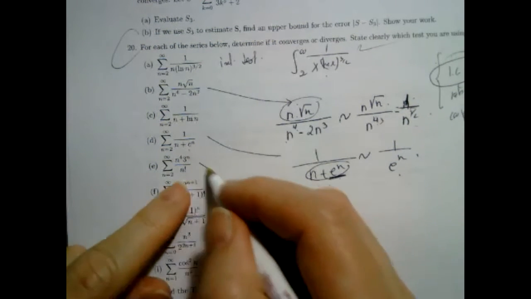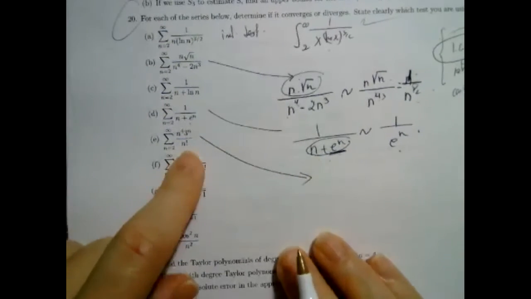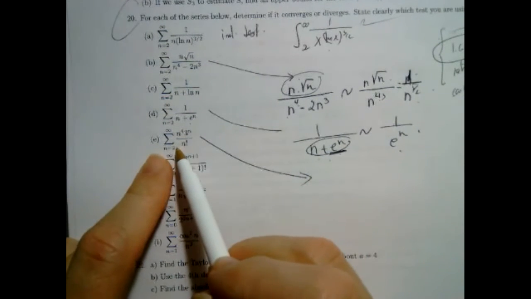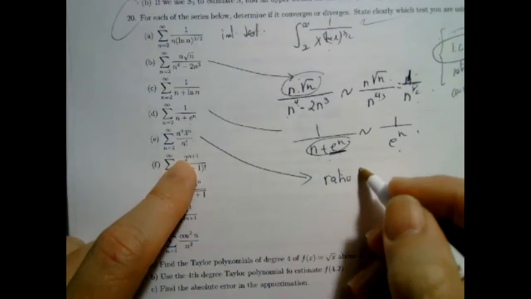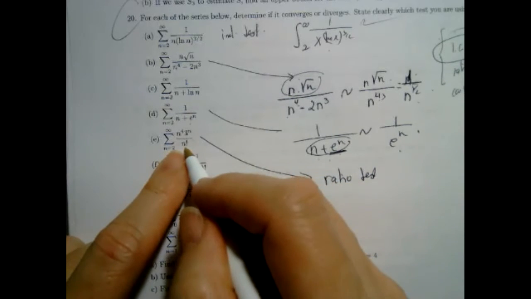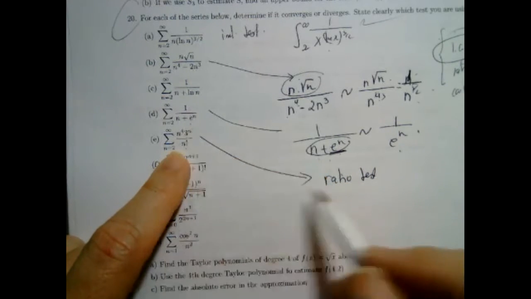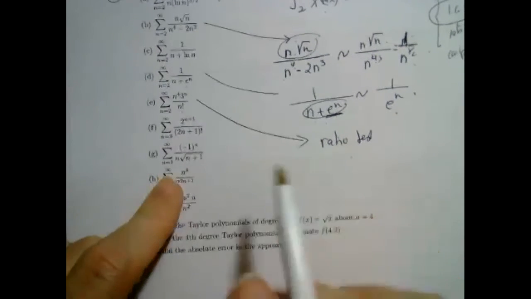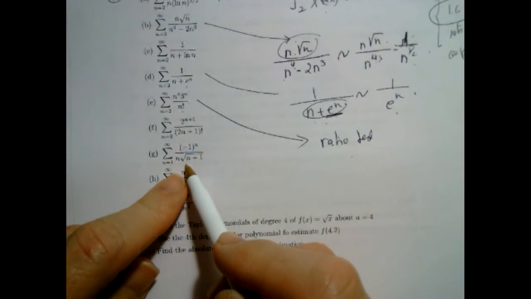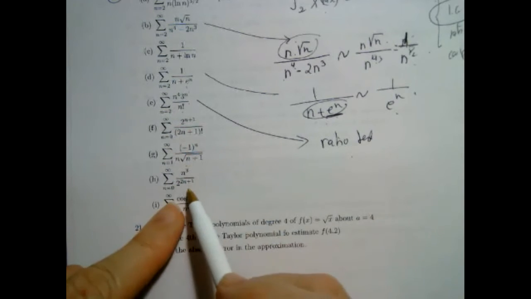Okay. E, what's the typical scenario for E? Now this is becoming easy. E, that's a typical ratio test. Whenever you have factorial, whenever you have 3 to the n, then it's the ratio test. F, factorial, ratio test. G, that's an alternating series test.